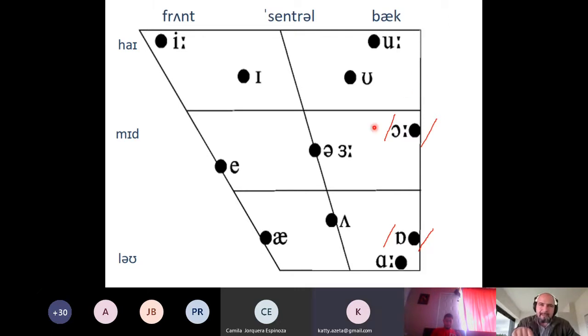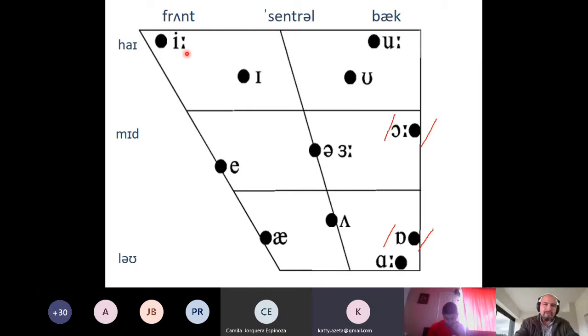Accents vary, not only in English but in languages in general, and sometimes vowel sounds, which we're discussing now, are produced with the tongue in different areas. Actually, they say that we don't pronounce the same vowel equally every time we speak.